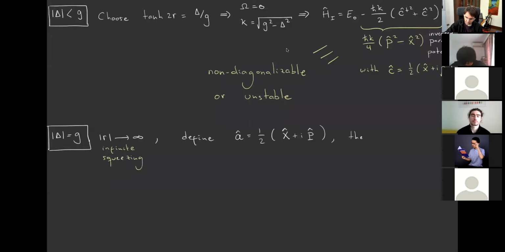Then, if you introduce this into the Hamiltonian, what you will get is the following. So the Hamiltonian is easily written in the following way. So let me just write it down, and then we can discuss it.